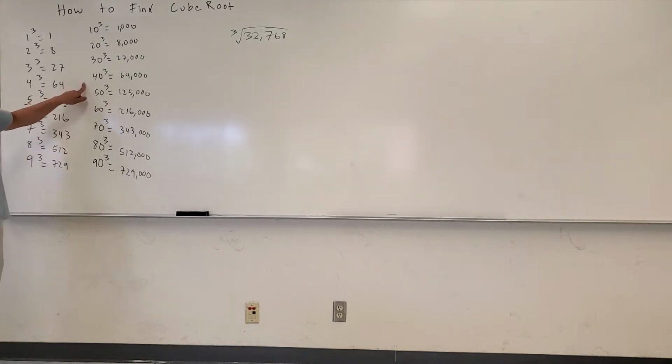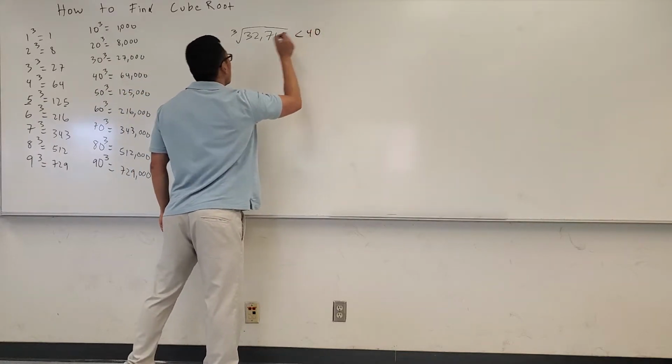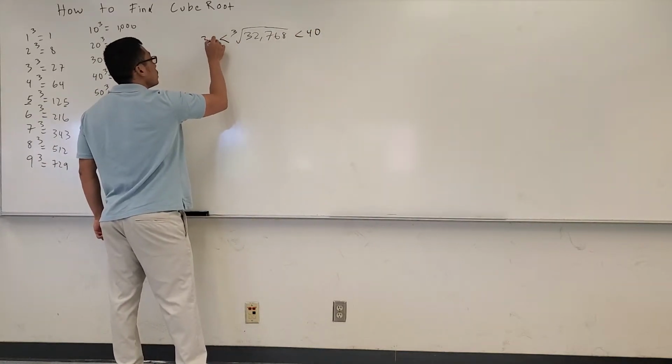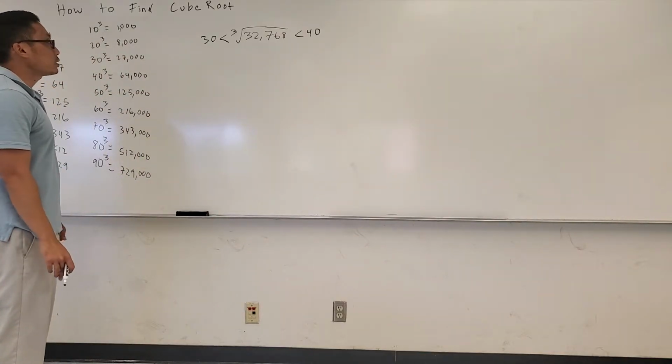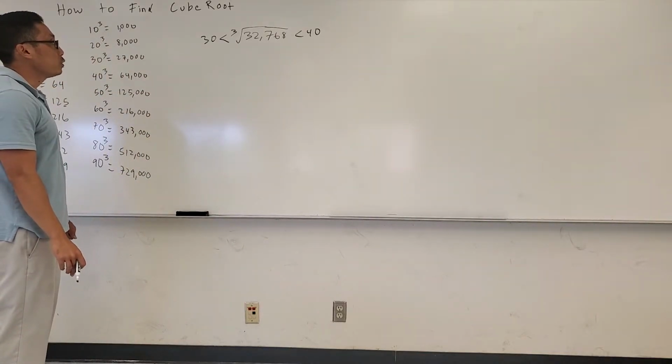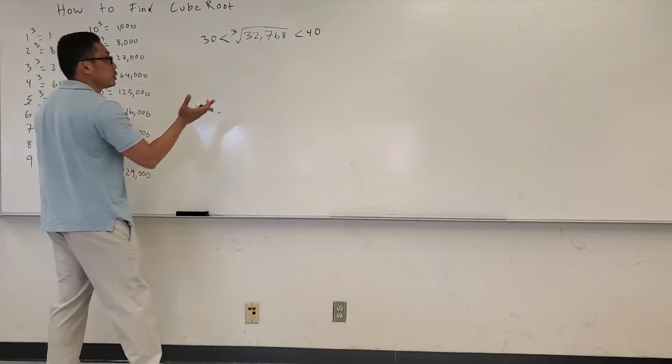You can see that it's between 64,000 and 27,000, right? And when you take the cube root of that, it would be 40 and 30, isn't it? So this would be between 40 and 30, right? Now I know right away that it has to be between 30 and 40.